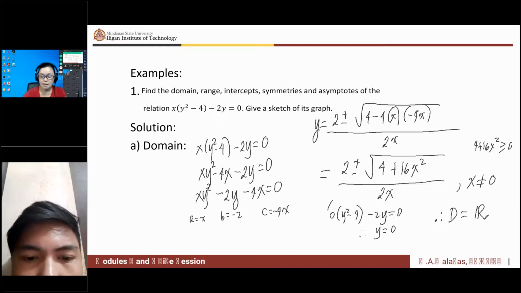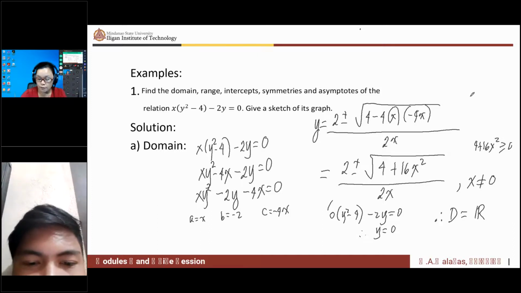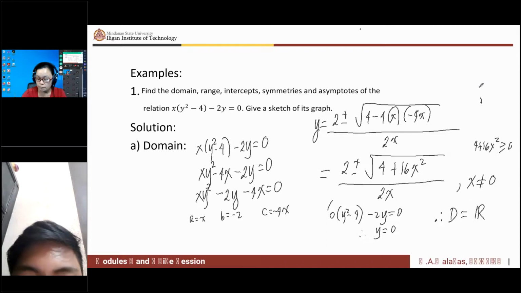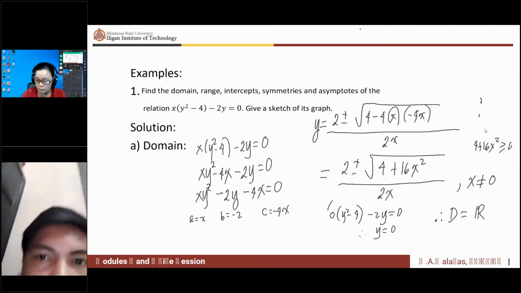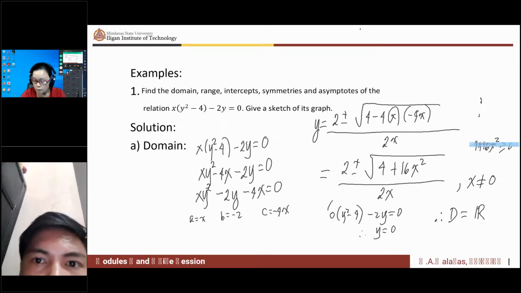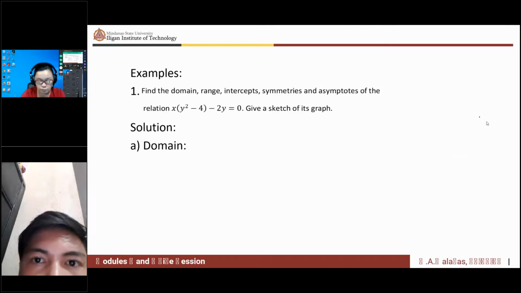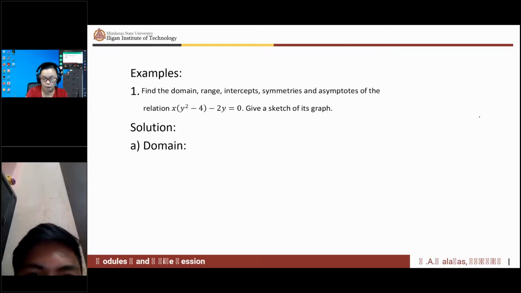Okay, you see, very easy. And then we look at the range. So let's go to finding the range.